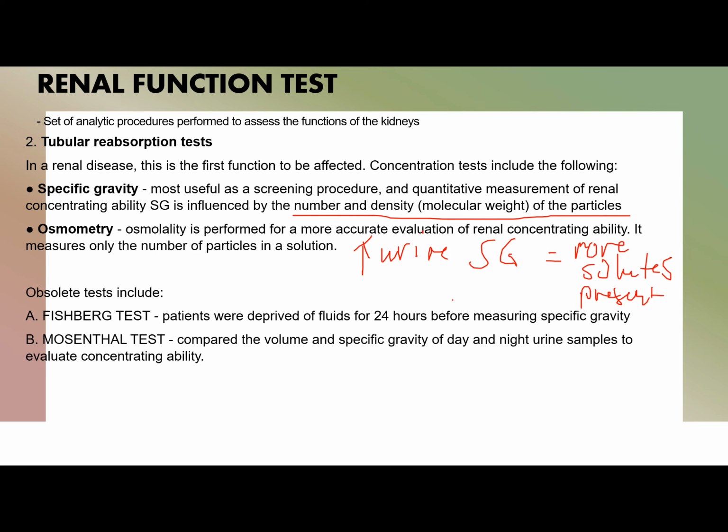But if it's low, urine SG, most likely diluted yung urine nyo. Kaya ang madalas pag naka-encounter kayo ng urine na 1.00 SG, do not believe na urine yan. Most likely, water yan.